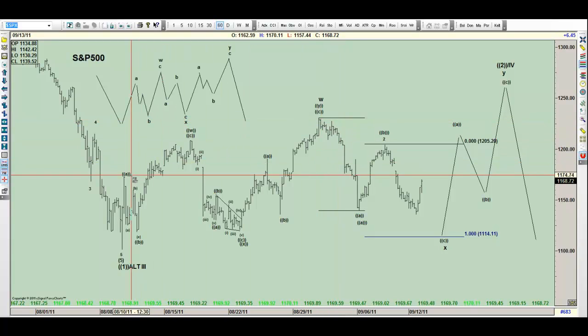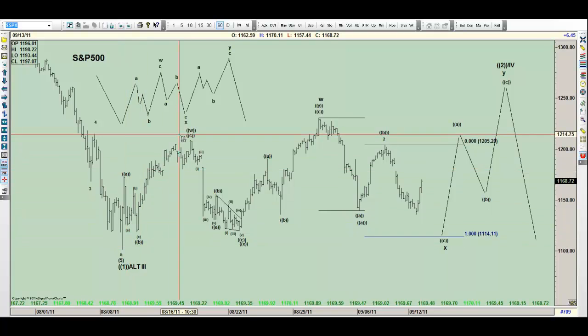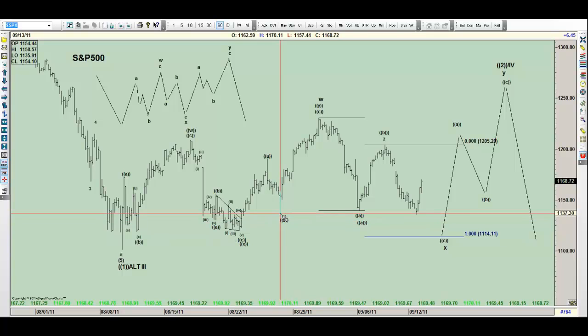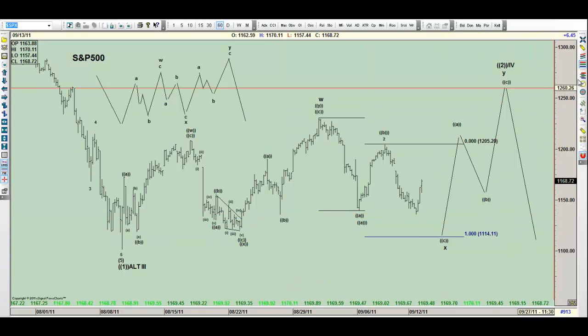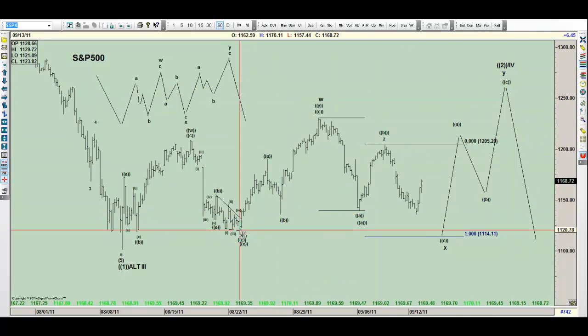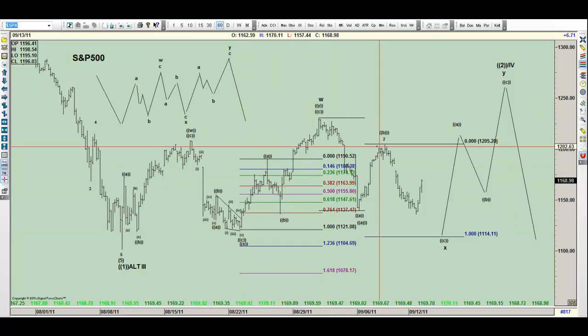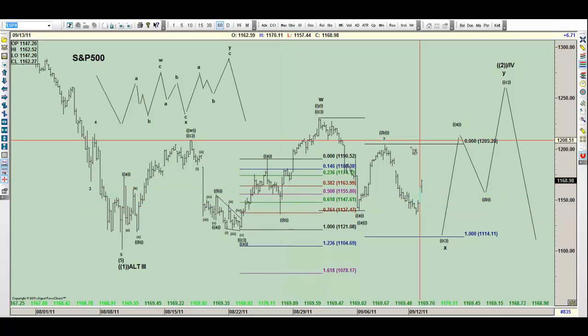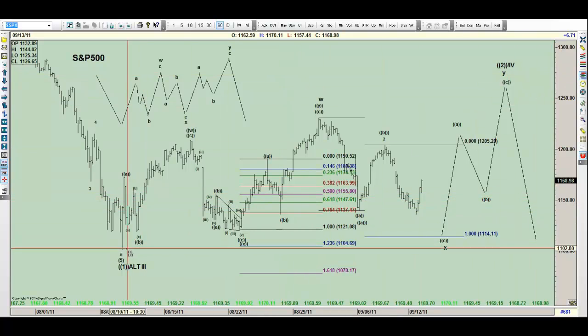Why? Because you know that you have a three-wave structure here and a three-wave structure here. So how do you know when B is going to end? You need to trace your Fibonacci right here, and you know that it's going to end at either the 50%, 61.8%, or 76.4%.